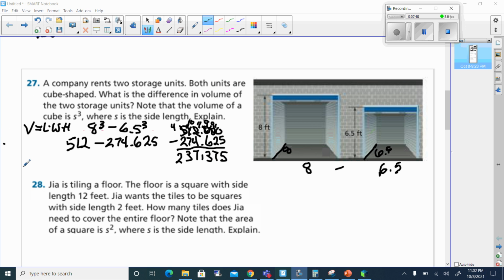So my final answer is going to be 237.375, and we'll be using cubic feet because these are in feet, right? Yep, cubic feet.